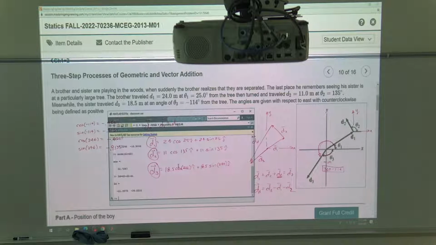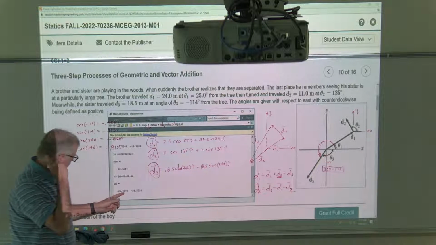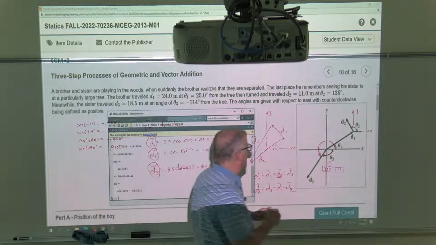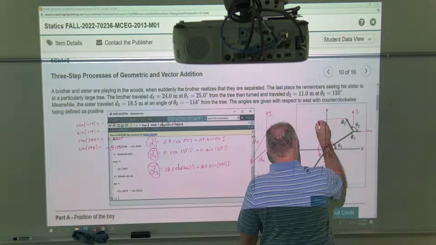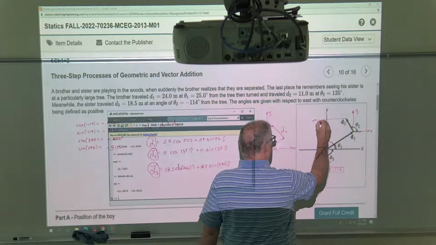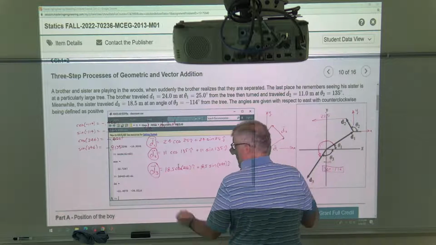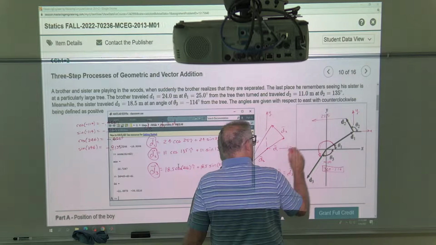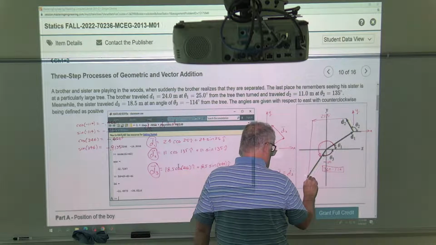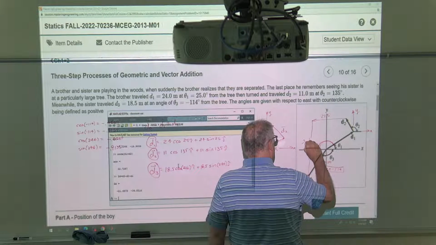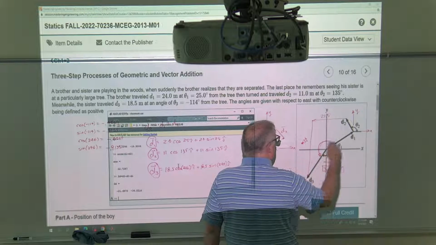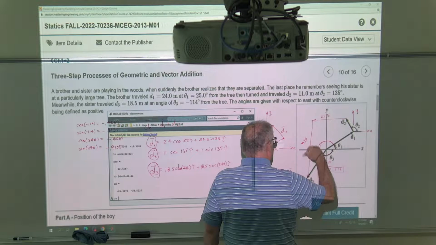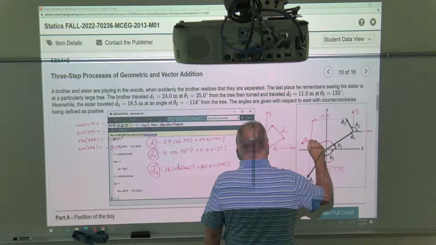So if you think about it, this means minus 21.5 meters, and then minus 34. Actually you're going left and then down, 34 point something.